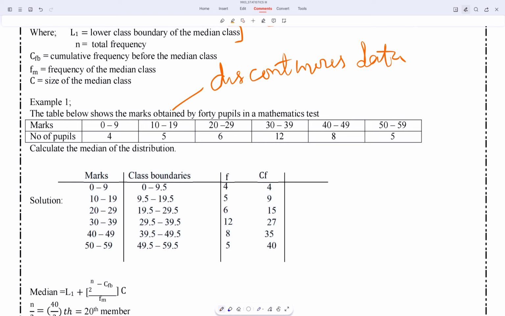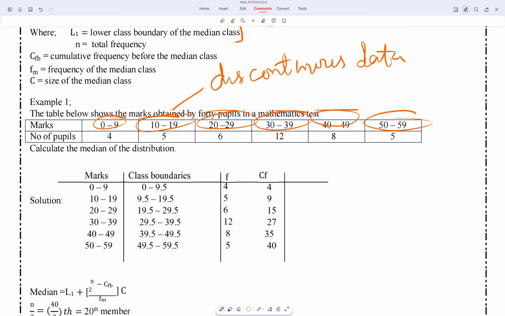That's why we call it discontinuous data. You can see the class interval is discontinuous. All these, 0 to 9, 10 to 19, 20 to 29, 30 to 39, 40 to 49, 50 to 59, are what we call the class intervals.